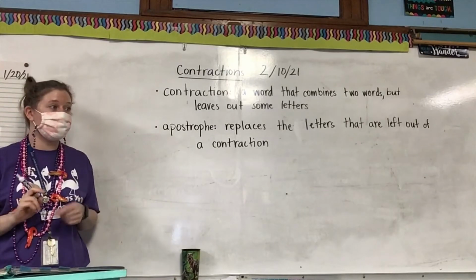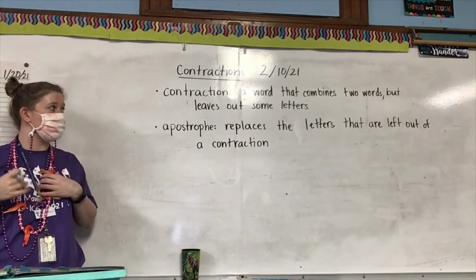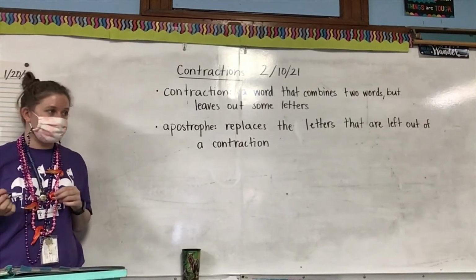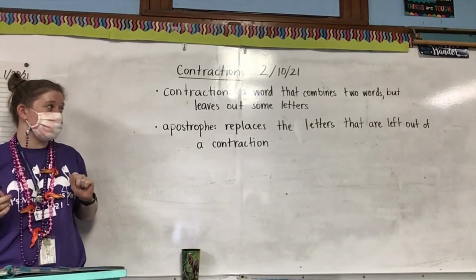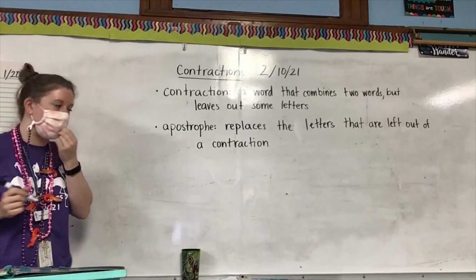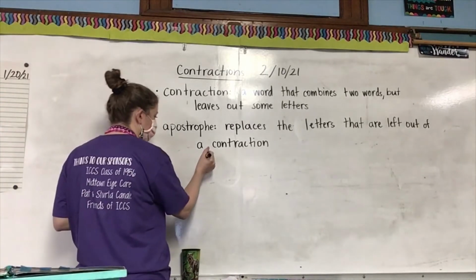So again, a contraction is a word that combines two words but leaves some letters out. Apostrophes are used in contractions to replace the letters that are left out. So here are some example contractions.